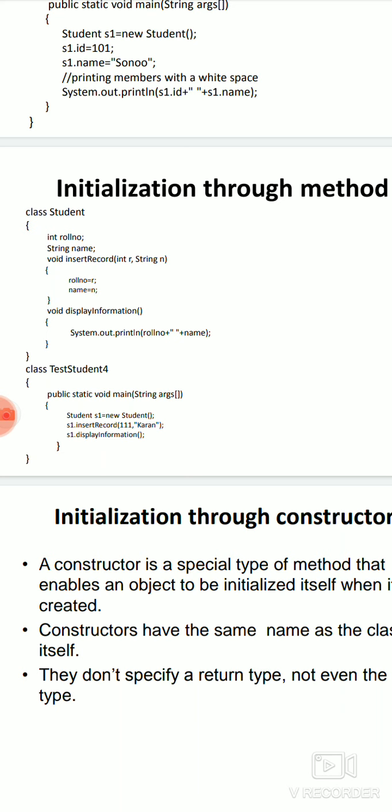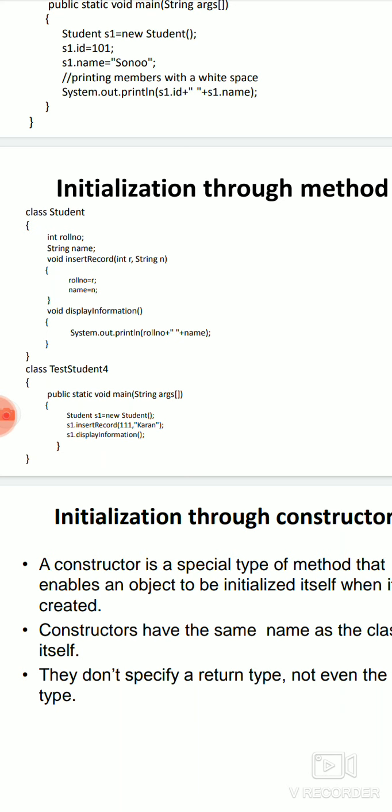So in the class test student 4, you have the first statement, public static void main, which is the start of execution of the Java program, and string args. This line is compulsory in every Java program to start with.